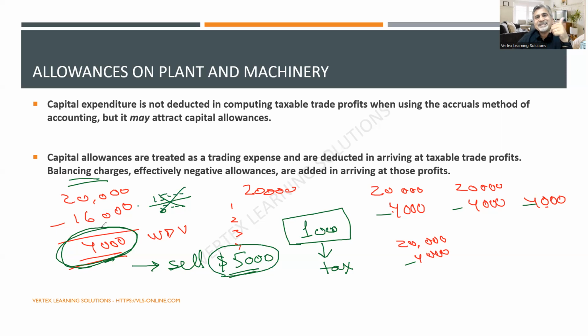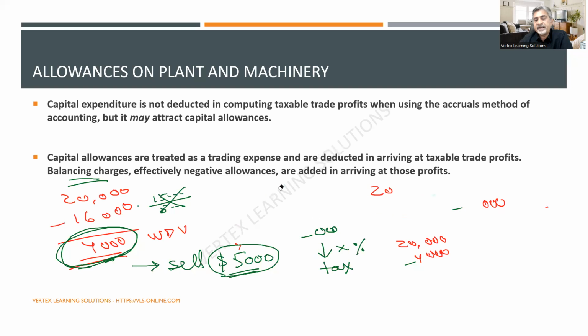So you paid less taxes before, and those taxes you have to pay now. 1,000 is the gain. On this gain, you multiply with the tax rate, and that you have to pay as tax. This is called balancing charge. Balancing charge means additional tax which you will pay if the asset has a higher market value than the written down value.